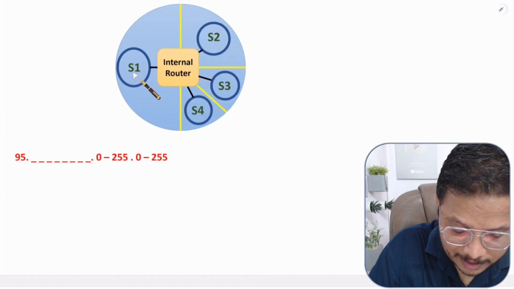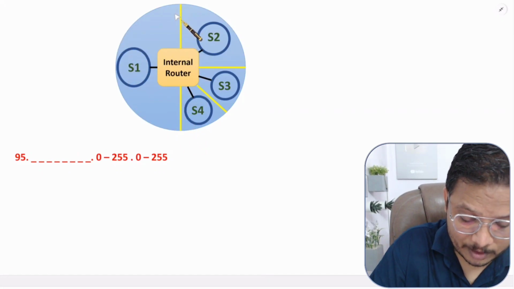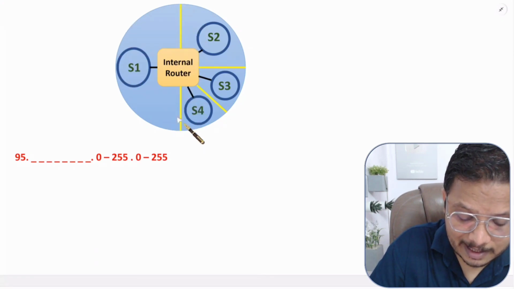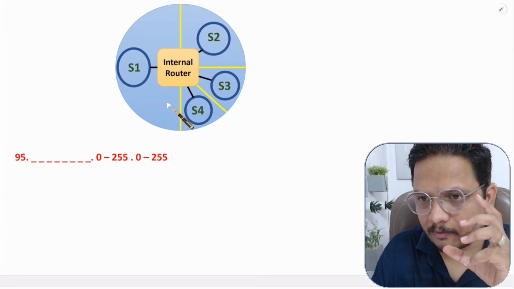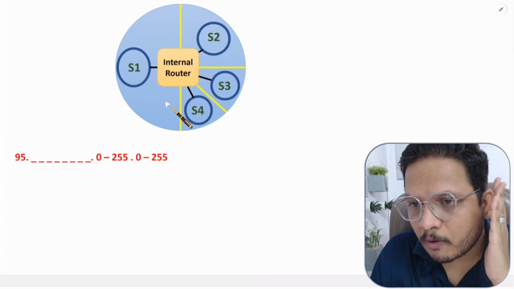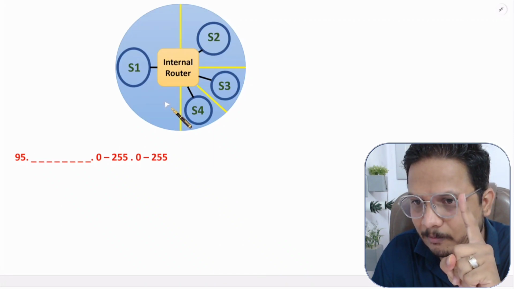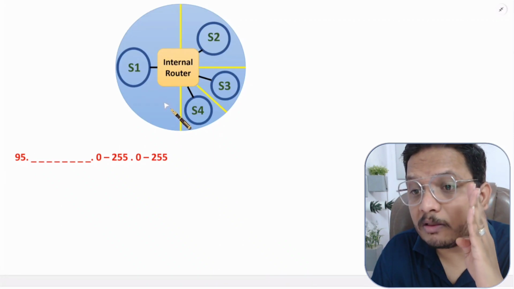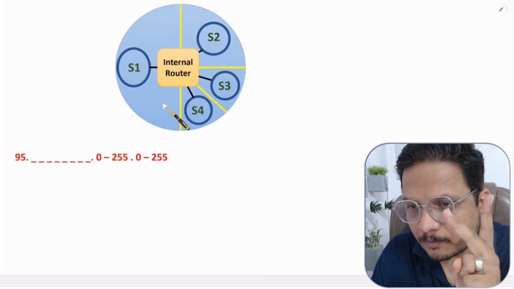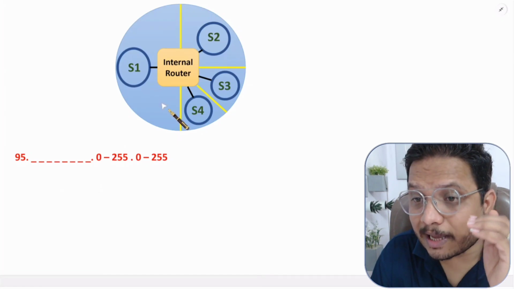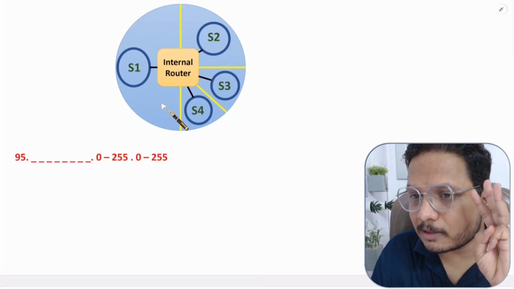Now if you observe here, S1 has half of the size, right? And the largest size is with S1. So here one thing you need to take care of. If you want half size, then you can choose it by 1 bit only. If you want 1/4 of the size, you can choose it by 2 bits. If you want 1/8 of the size, you can choose it by 3 bits.